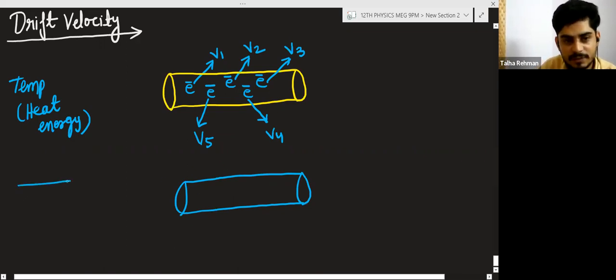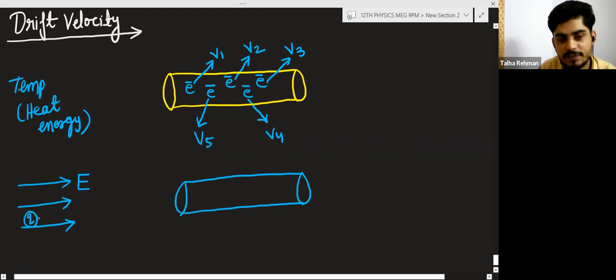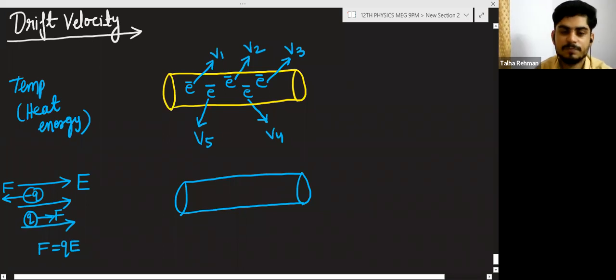And we know that when a charged particle is placed in an electric field, this charged particle experiences a force, and this force is F equals QE. If the charged particle is negative, then it will experience the force in the opposite direction of the electric field, and the magnitude of this force is again QE.